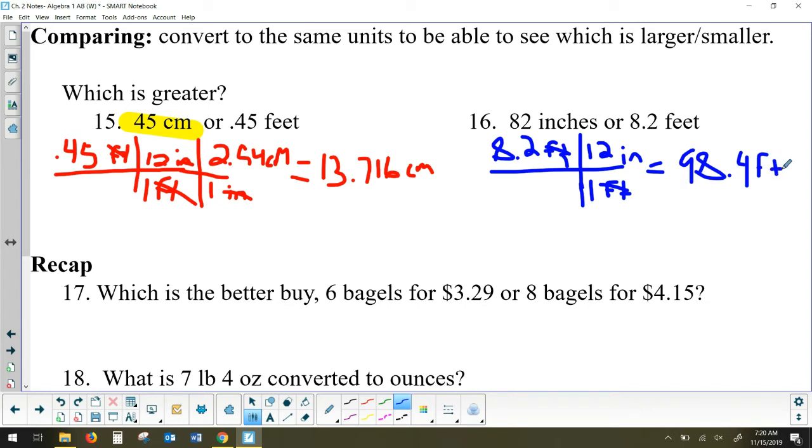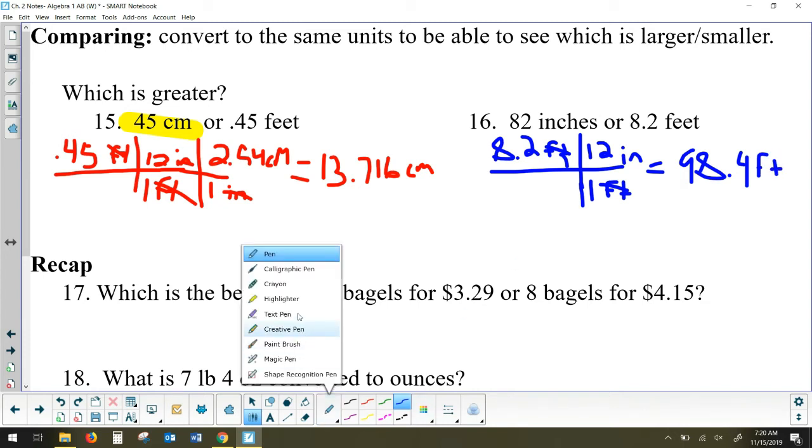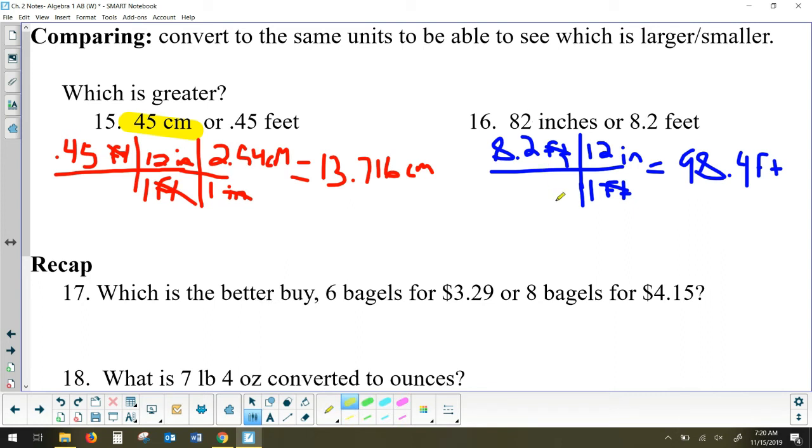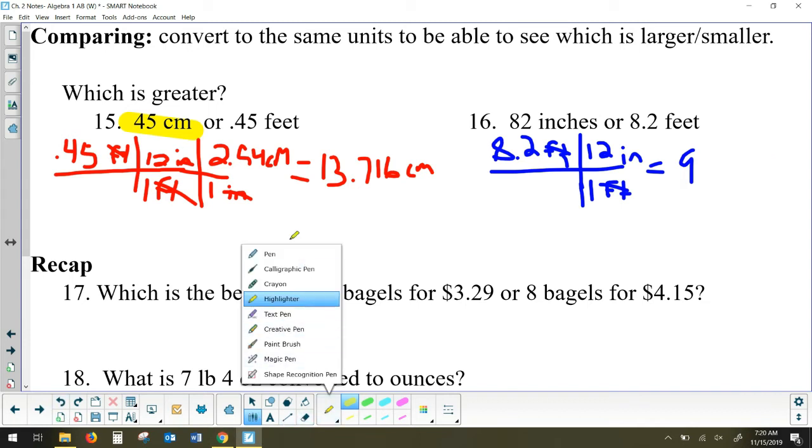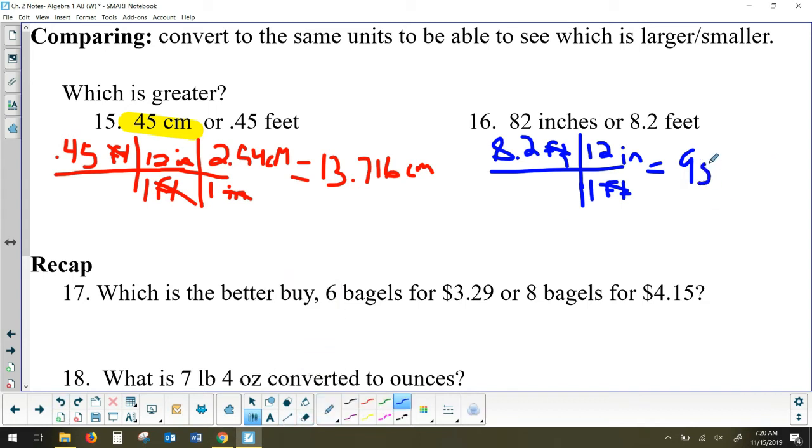Inches. Sorry. So we look. Which is greater? We had 82 inches, or our 8.2 feet became 98.4 inches. So we know that our 8.2 feet was greater. 98.4 is bigger than 82.